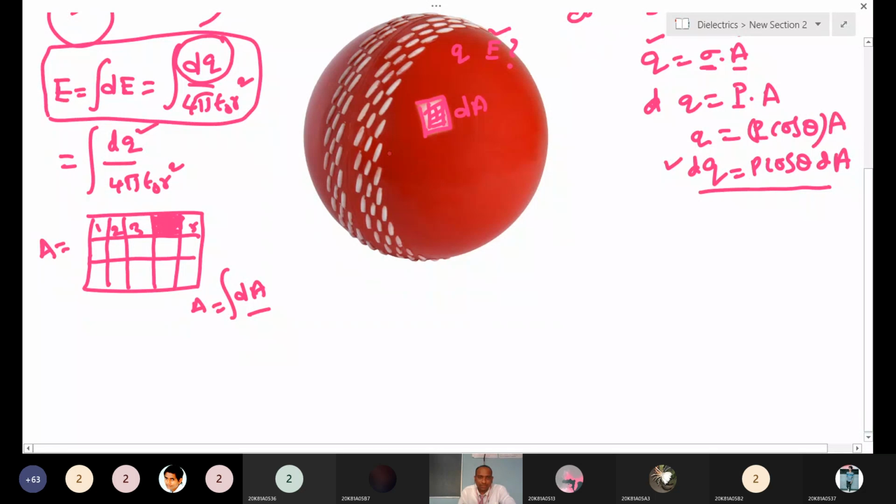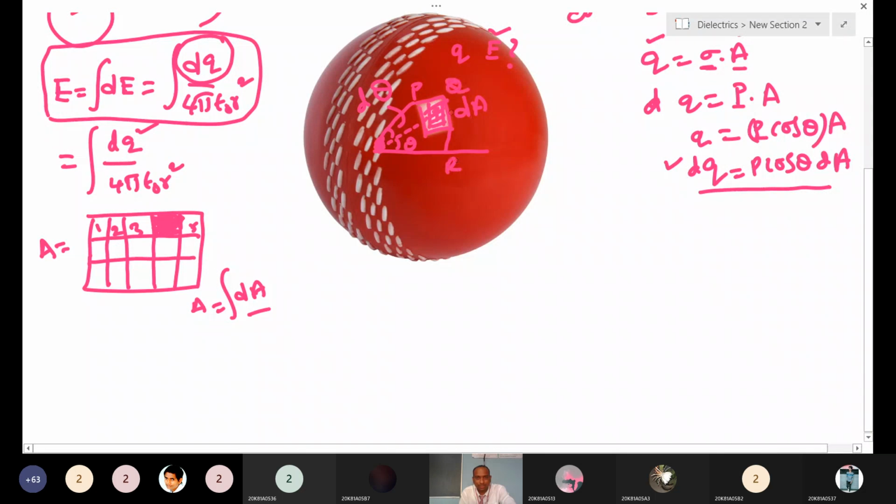So here this is the origin. This is theta and this is d theta. Here P and Q, this is r.